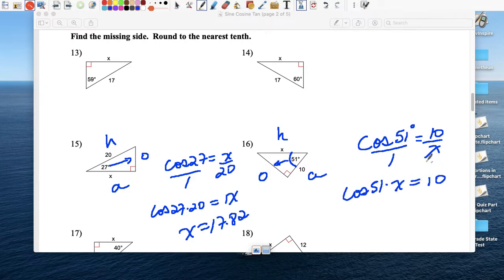This one's a little bit different, so we divide both sides by cosine 51 to isolate our variable. So x equals 10 divided by cosine 51, enter, and x, our missing side, is 15.89.